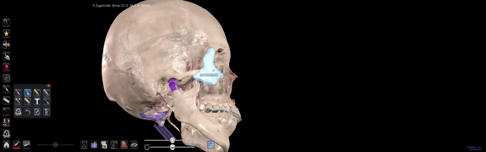So this thing right here is the zygomatic process, because it belongs to the temporal bone, but it's projecting towards the zygomatic bone. And then this would be the temporal process right here of the zygomatic bone. It is a projection going towards the temporal bone. Perfect. Thank you. You're welcome.